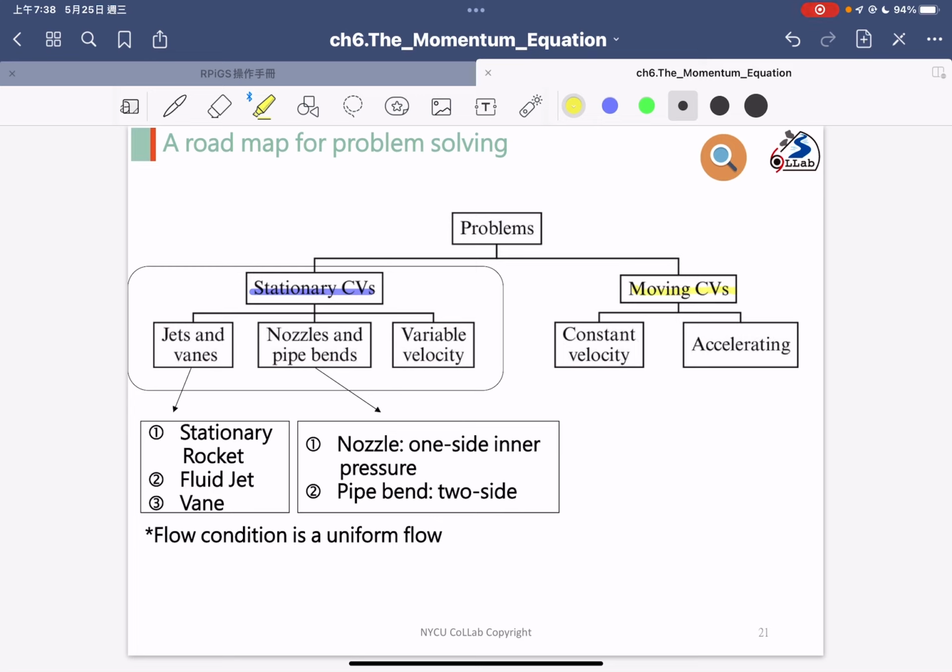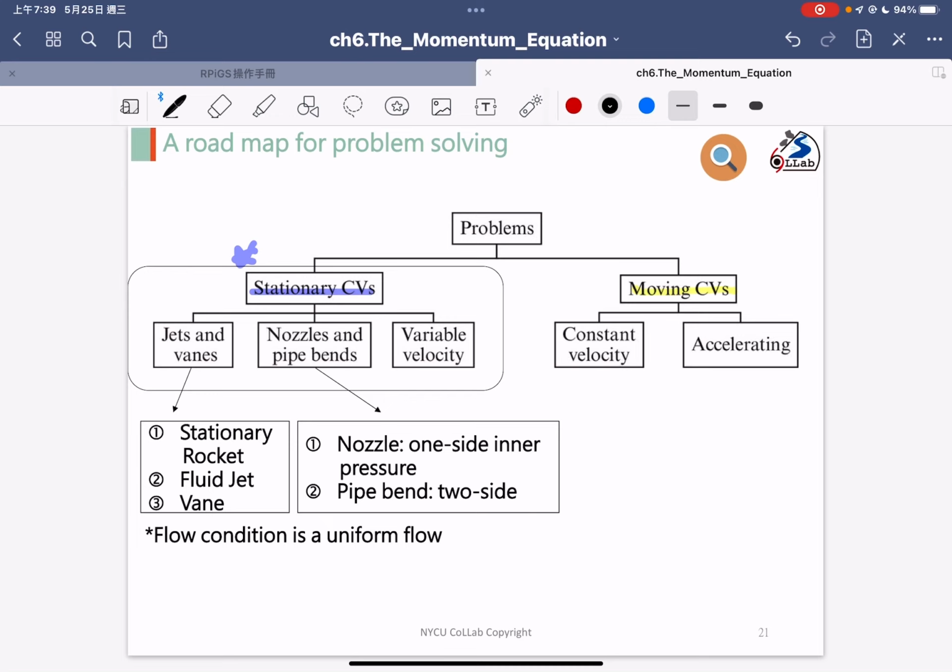In class today, we only focus on stationary control volume problems.